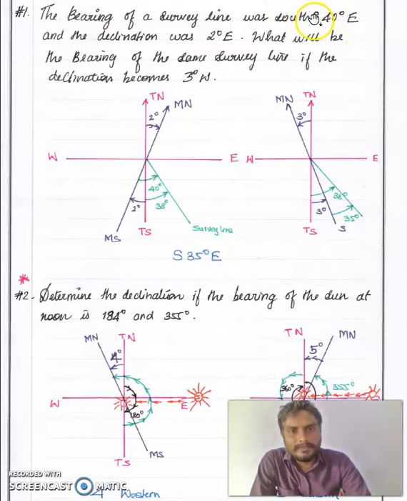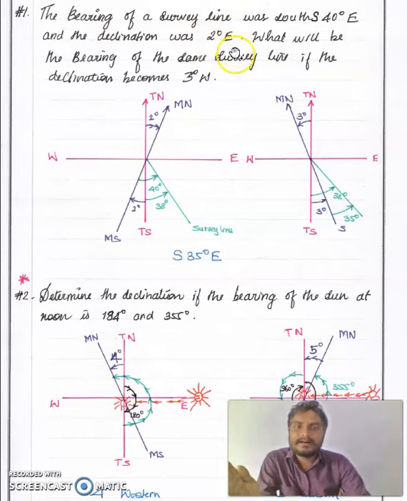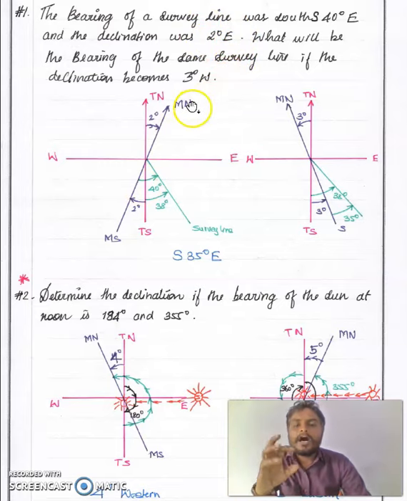The given system is the quadrantal bearing system, and declination was 2 degree east. Next, what will be the bearing of the same survey line if the declination becomes 3 degree west? Initially, the declination was 2 degree west. That means the magnetic meridian lies in the eastern direction.